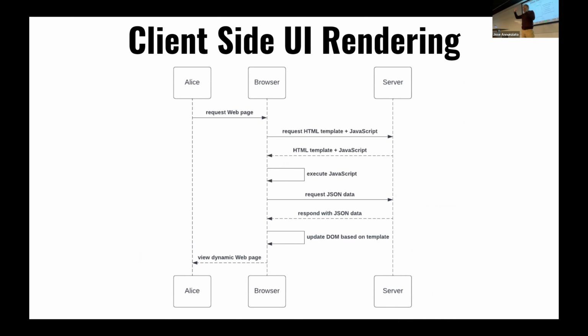Where you go and fetch HTML and JavaScript from the server, and the HTML is a template of what the content should look like. Then when the JavaScript came to the browser, it would start running inside of the browser, and it would realize that it needed some data. It might also download some initial data, like Google Maps might download an initial map based on your GPS location, or your region by IP address or something.